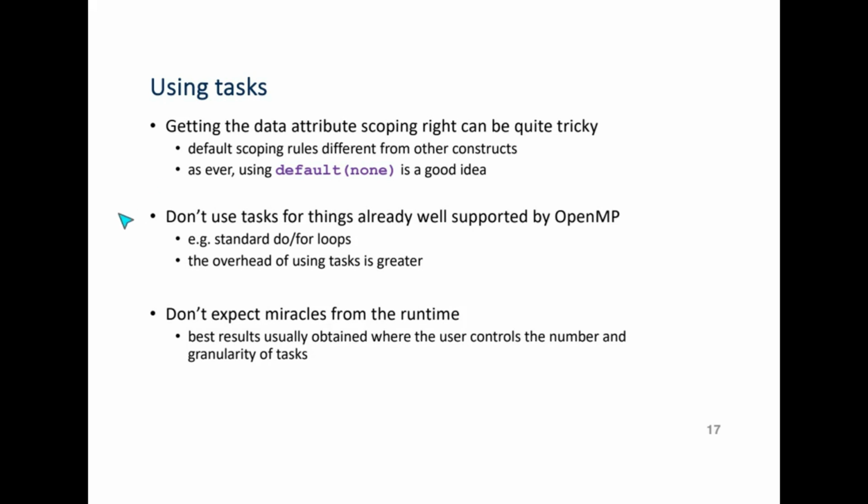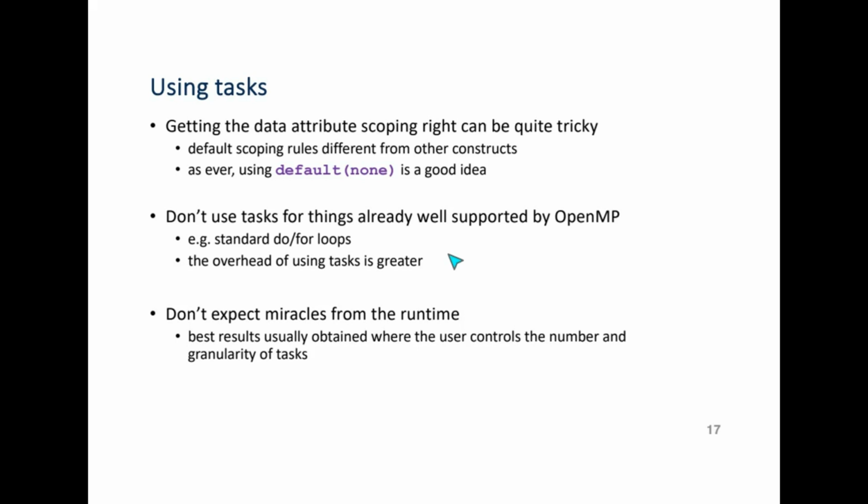There's no real point in using tasks for things which are otherwise well supported by OpenMP. If you have loops that you can handle with work sharing, then there's really not going to be any advantage to using tasks because the overhead of using tasks is bigger.